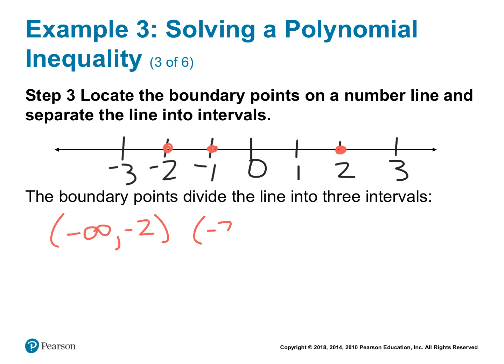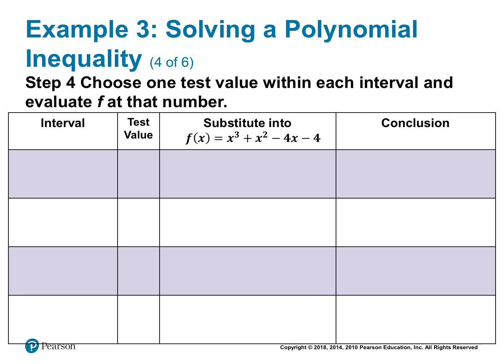Then we have between negative 2 and negative 1. Then we have negative 1 to 2. And then we have 2 to positive infinity. So this one has 4 different intervals. So the first interval, negative infinity to negative 2. Then we'd have these other ones.